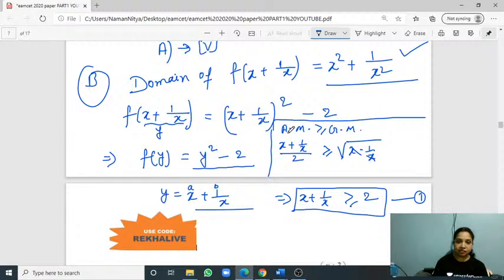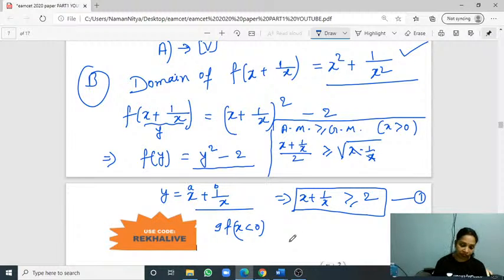So this I can say for x greater than 0. And for x less than 0, obviously at that time also my arithmetic mean will be greater than or equal to the geometric mean. But what will we get if x is less than 0?